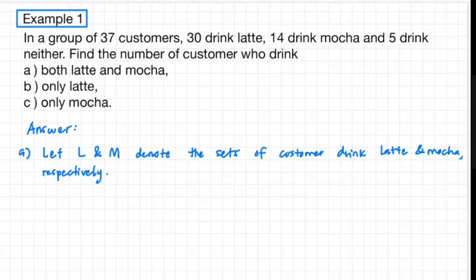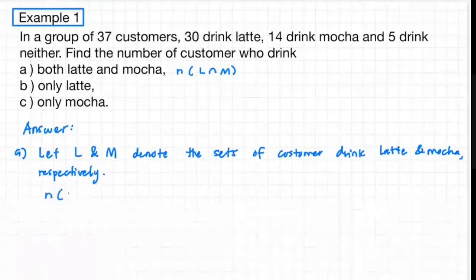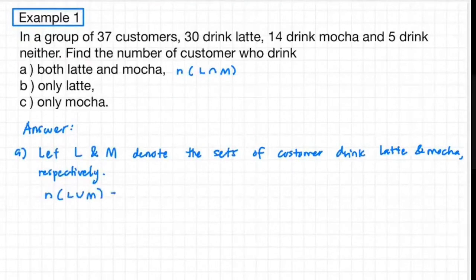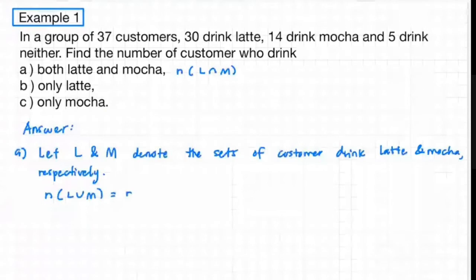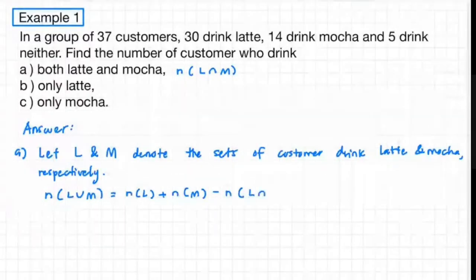So you want to find the number of elements of L intersection M. From the inclusion exclusion principle, the number of elements of L union M is equal to N(L) plus N(M) minus the number of elements in latte intersection mocha.